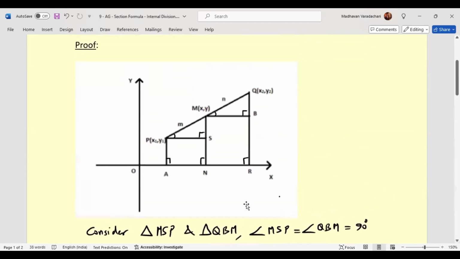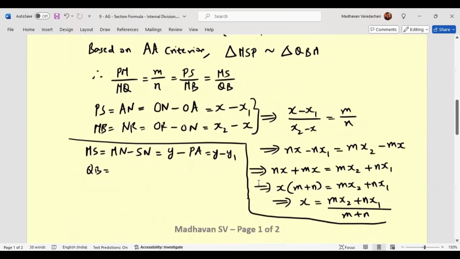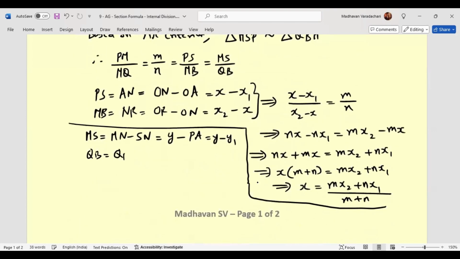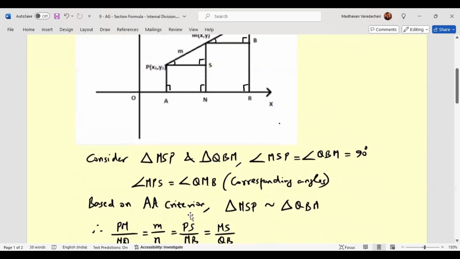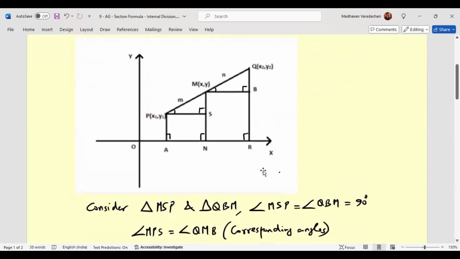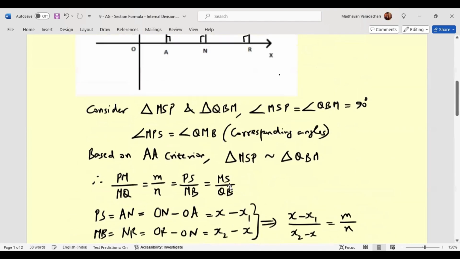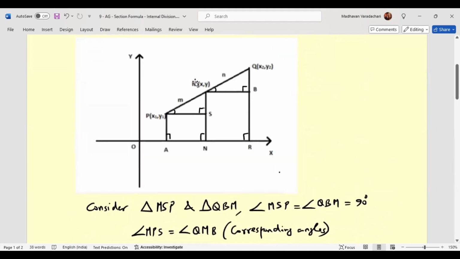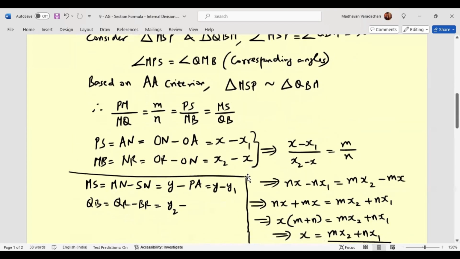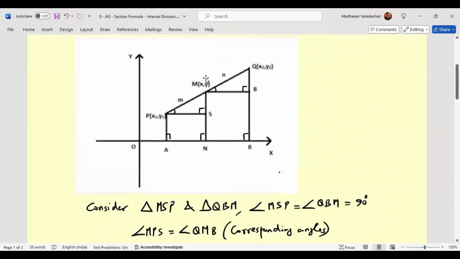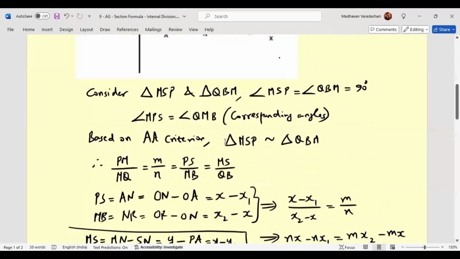Then let us find out what QB is. QB is this one. QB is the same as QR minus BR. What is QR? QR is nothing but y2. What is BR? The BR distance is the same as the MN distance, so we will replace it with MN. MN's distance is y.